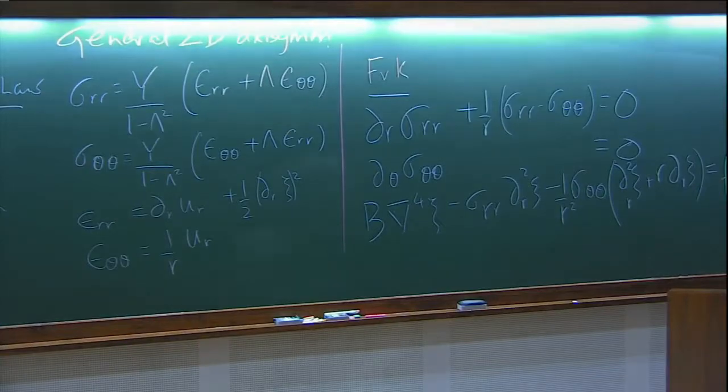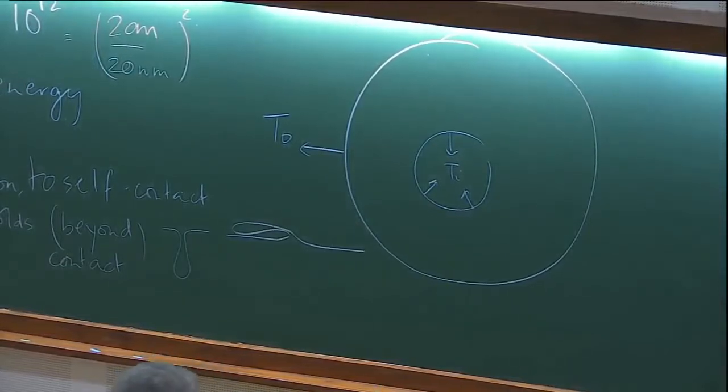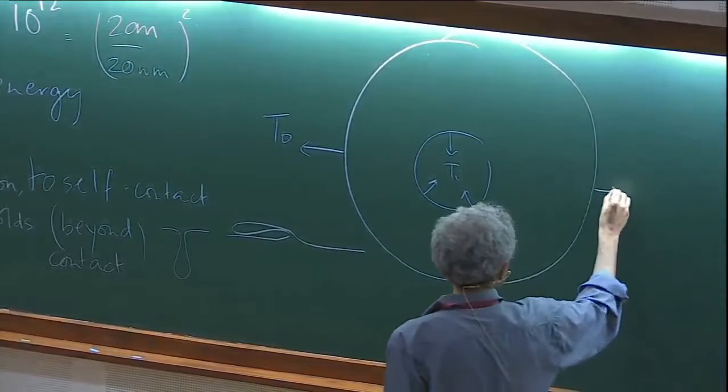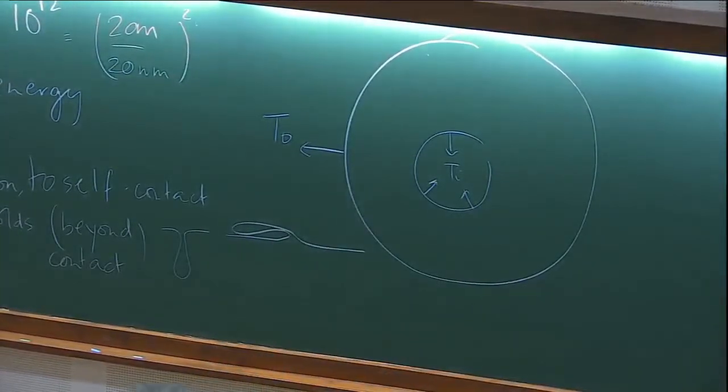So I have this thing, all right? And I'm pulling in with some tension inside, and I'm pulling out with some tension outside. And you can already guess that interesting things only happen when the tension inside is bigger than the tension outside, right?